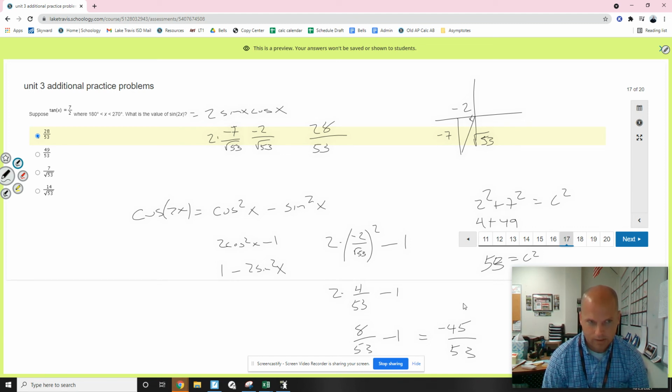Do I like that it's negative? X is here, multiplied by 2. I feel like it should be positive. If I take this angle, why is it positive?